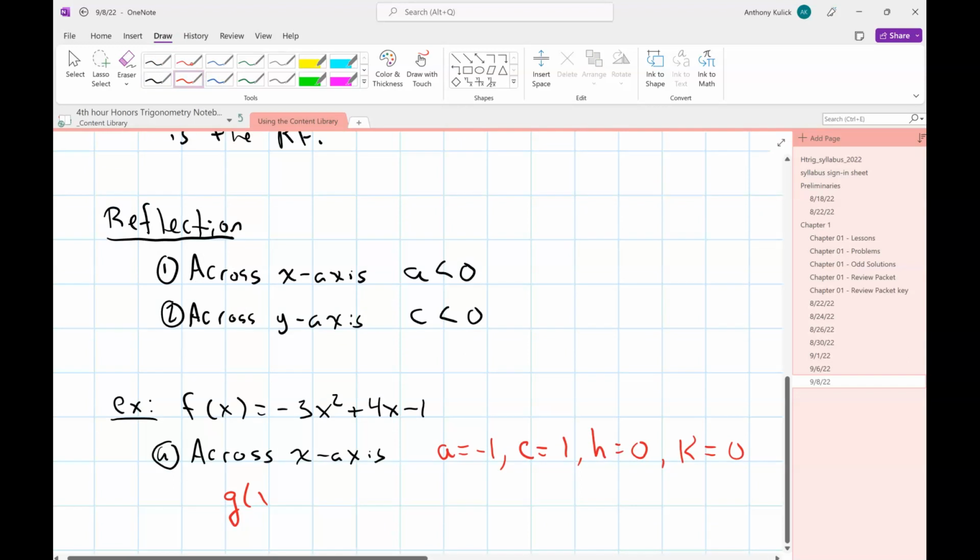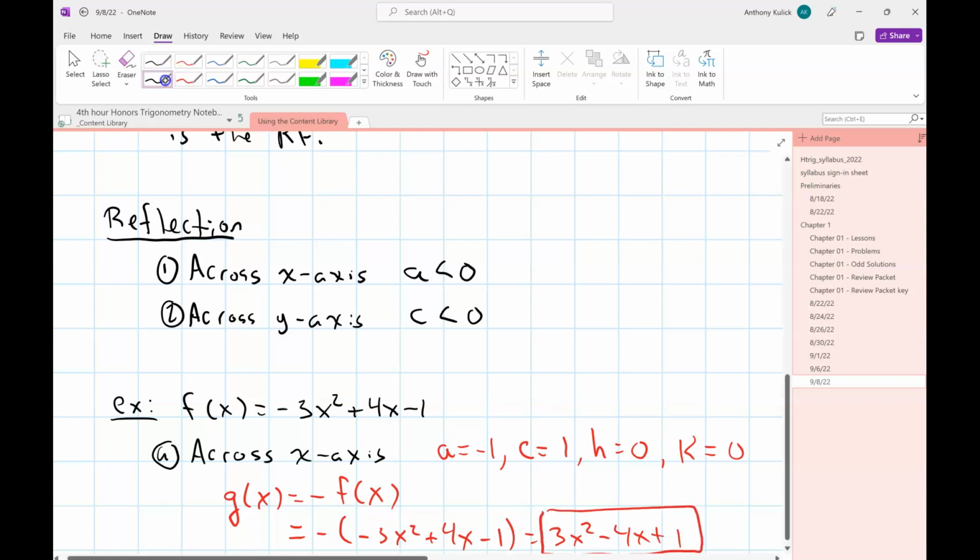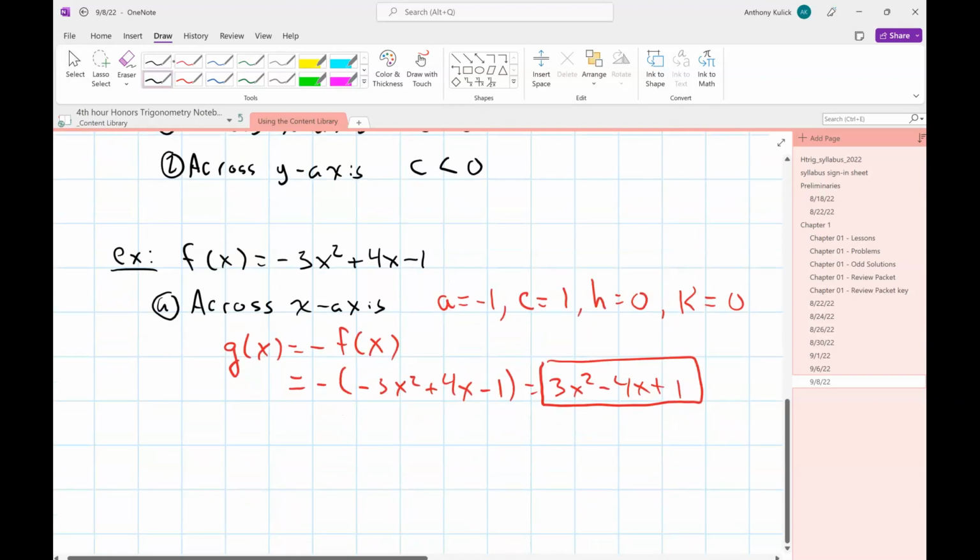So my resultant function, g of x, will be negative f of x. That would be the negative of negative 3x squared plus 4x minus 1, or 3x squared minus 4x plus 1. If you graph the two on the same xy axis, you'd see that g of x is the reflection across the x-axis of f of x. And that's all that it is.